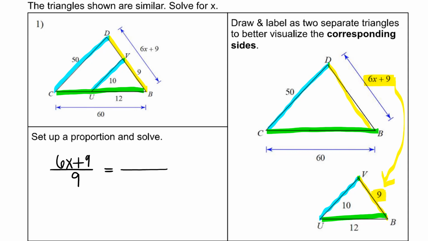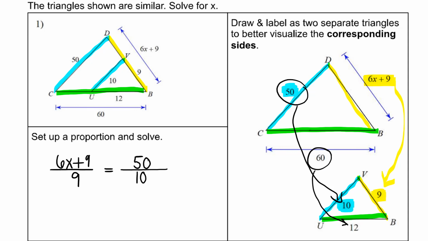This is my first ratio of side lengths. The next one you can choose. Do you want to use the blue side over its corresponding side length, or do you want to use the green side over its corresponding side length? Either one will work. I'm going to use the blue side, 50 over 10.